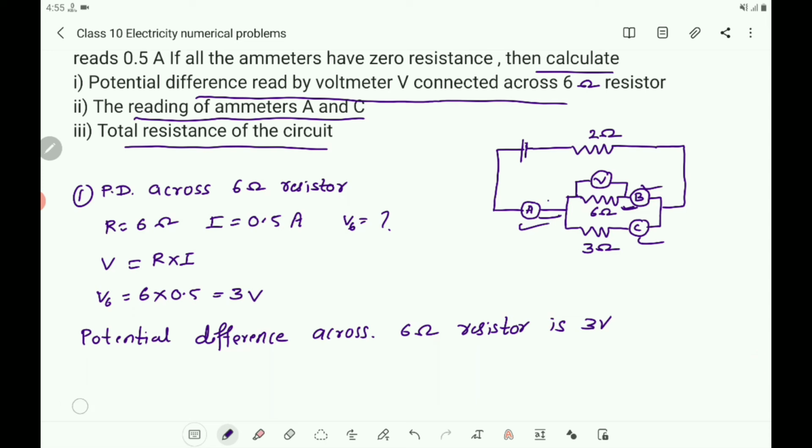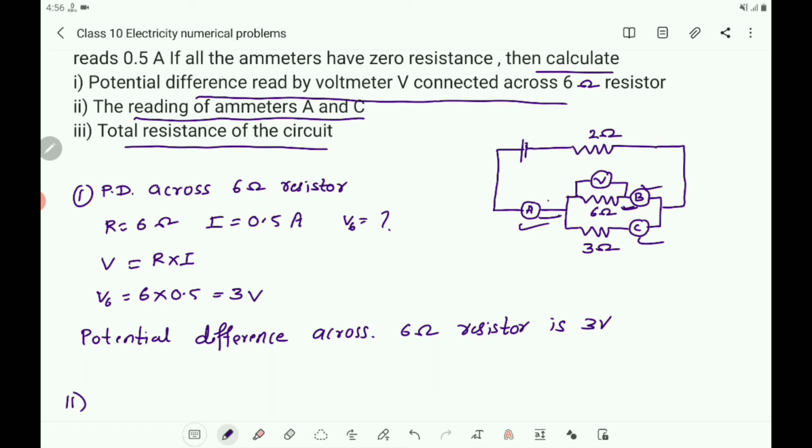Then the second question: the reading of emitters A and C. Here you observe 6 ohm resistor and 3 ohm resistors are connected in parallel. So they must have the same potential difference. The potential difference across 6 ohm resistor is 3 volts, so the potential difference across the 3 ohm resistor must be the same, that is also 3 volts.